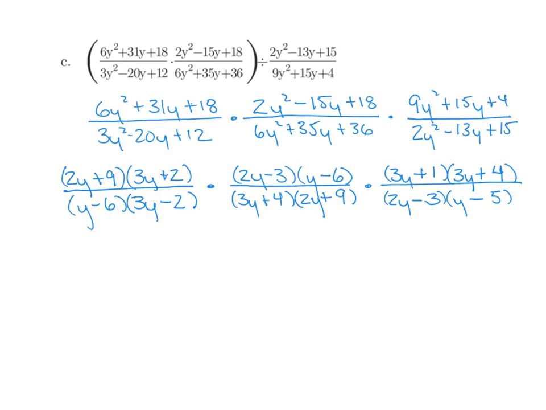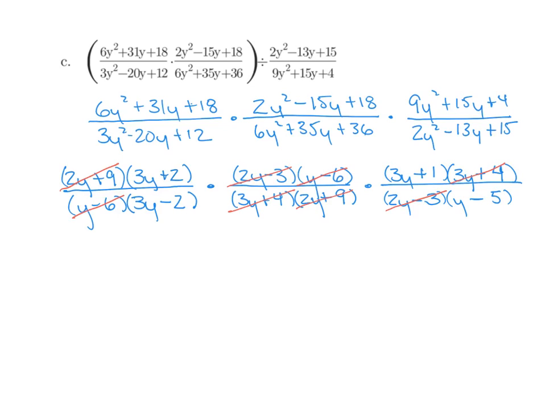Alright, so now we are to our cancel step. So let's see what we can cancel. We had 2y plus 9. Our 3y plus 2 has nothing to cancel with on the bottom. 2y minus 3, we have that cancels. Our y minus 6 cancels. And our 3y plus 4 cancels. Alright, so what do we have left over?